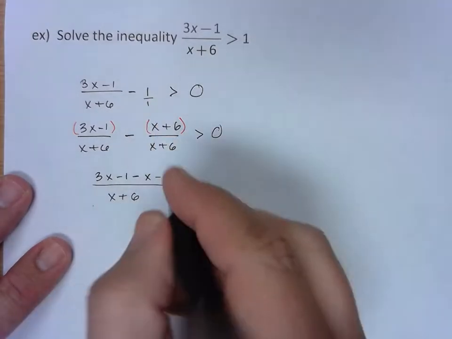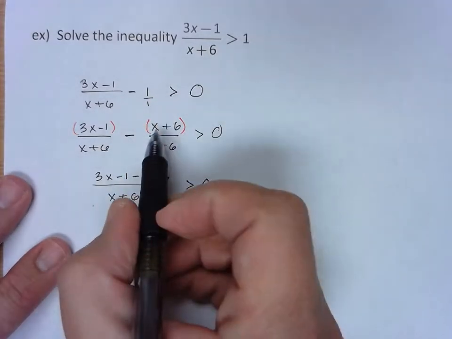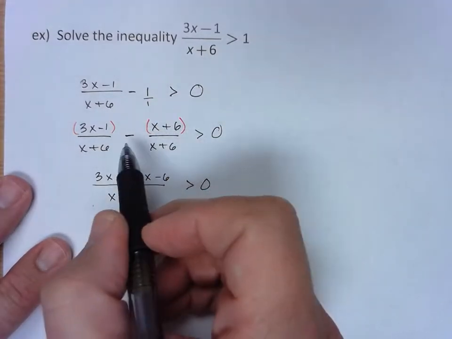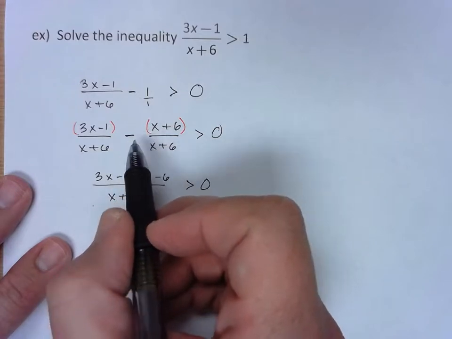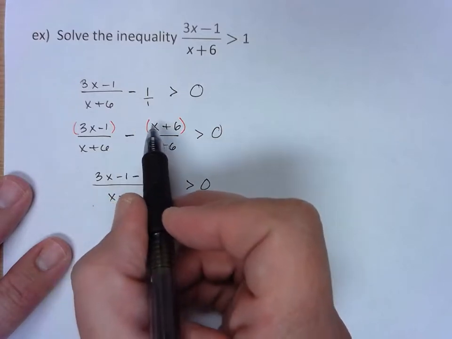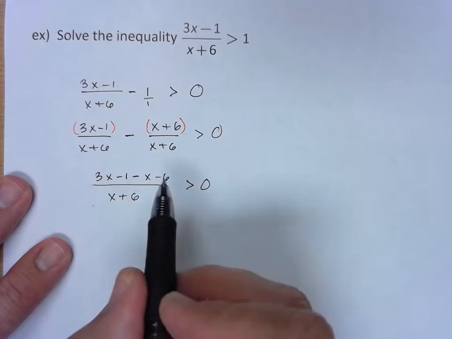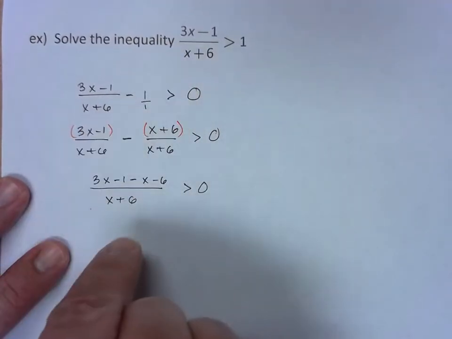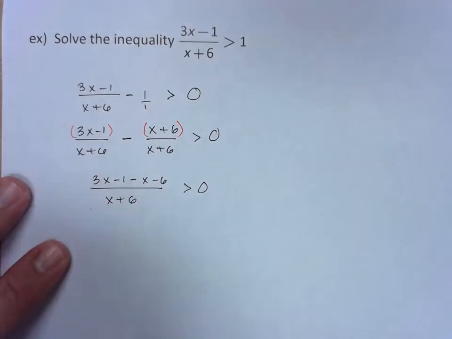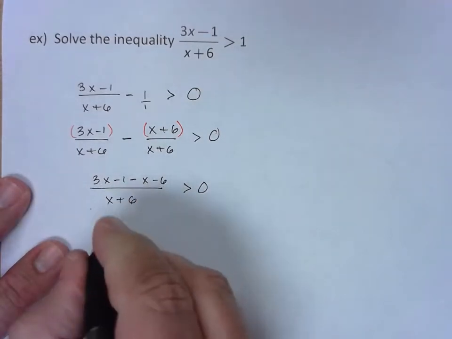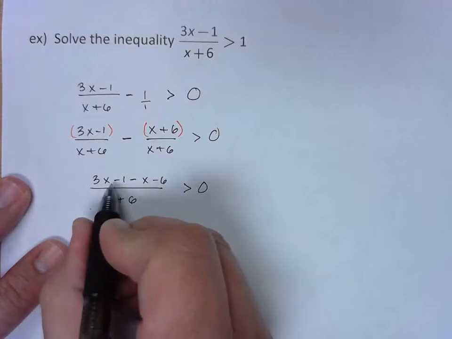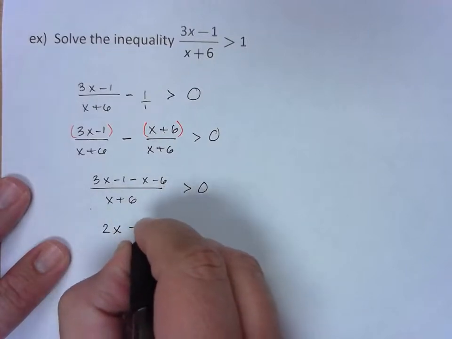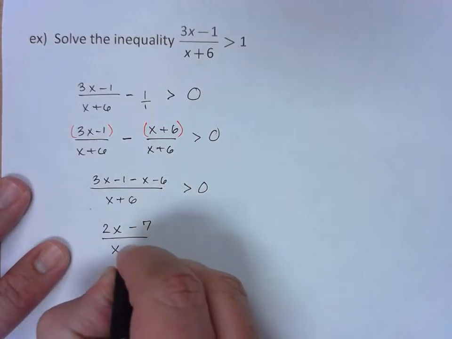That's an easy step to forget, because you don't really see those parentheses there and you think you're only subtracting the x, but you're actually distributing this subtraction to every part of that next numerator, so that requires you to change both signs. So it took a few extra steps, but we almost finally have it: 3x minus x is 2x, well, negative 1 minus 6 is negative 7 over x plus 6.